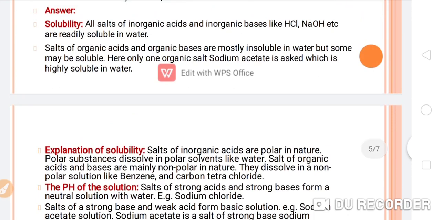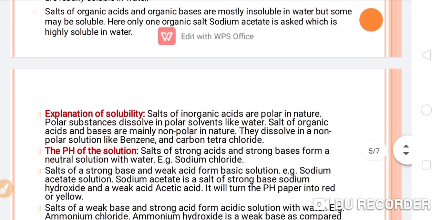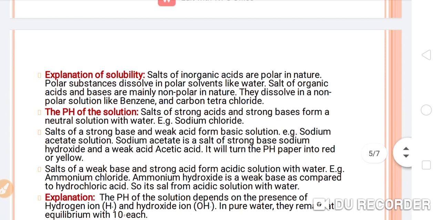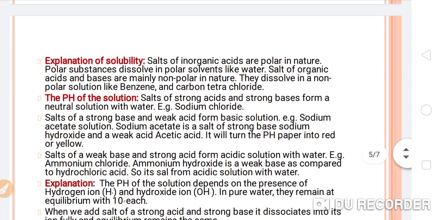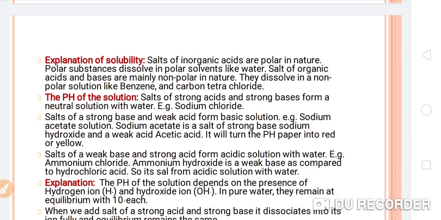Here we have discussed the solubility, and now we are going to discuss the explanation of why it's happening. Salts of inorganic acids are polar in nature. So polar substances can dissolve inside a polar solvent. Polar substances dissolve in polar solvents like water.